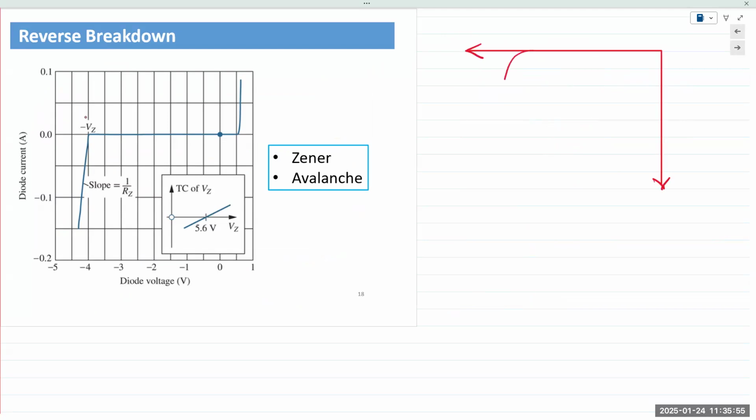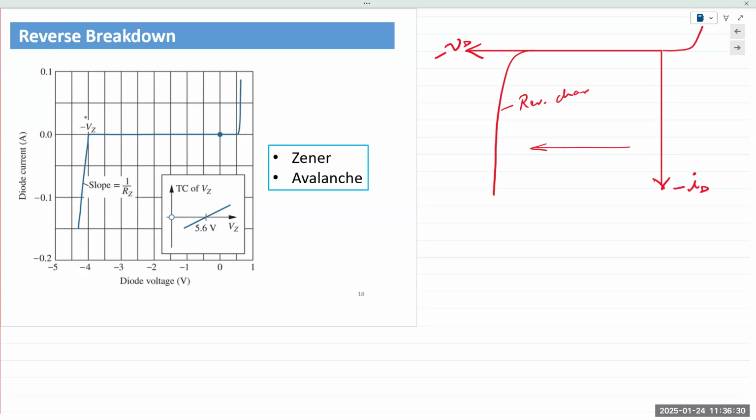Then in the third quadrant, it's a straight vertical line, with a slope that is far steeper than the forward bias. The forward bias might be somewhere here. This reverse bias is far to the left.